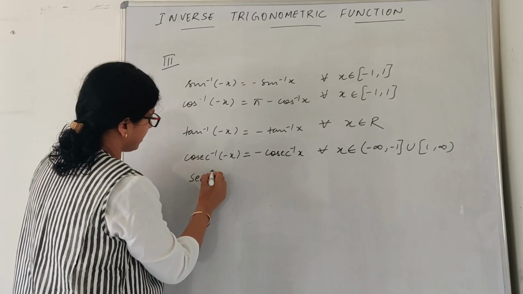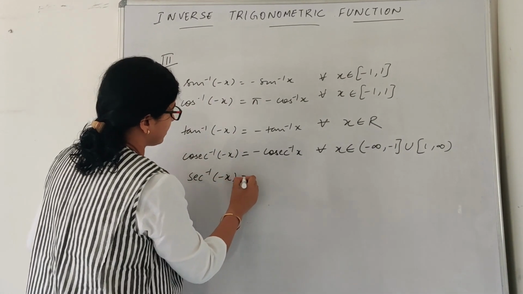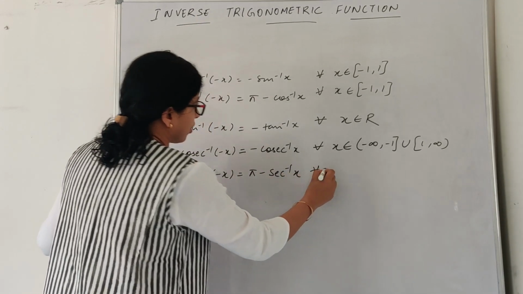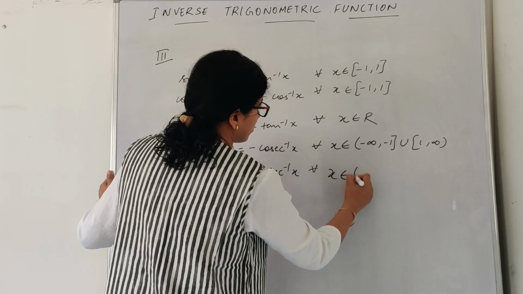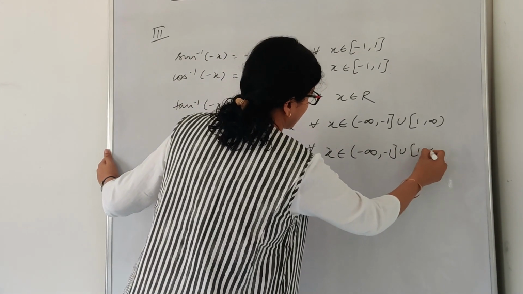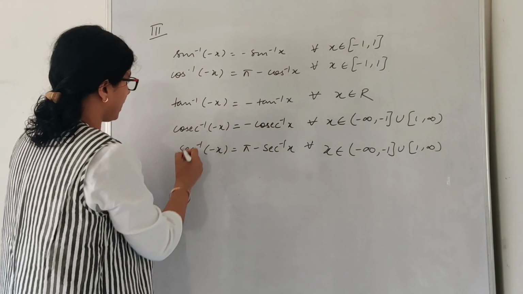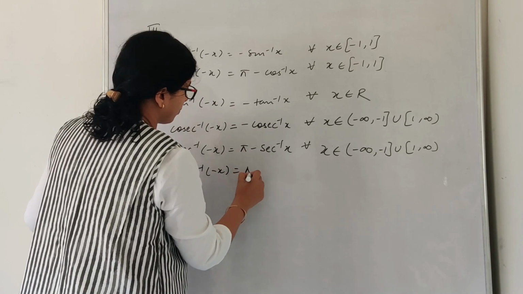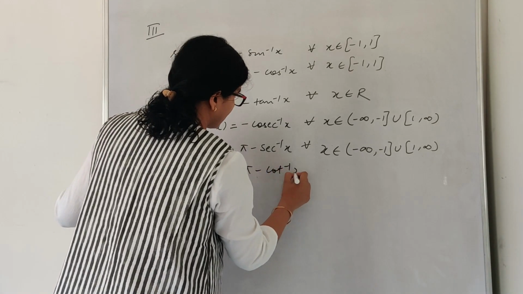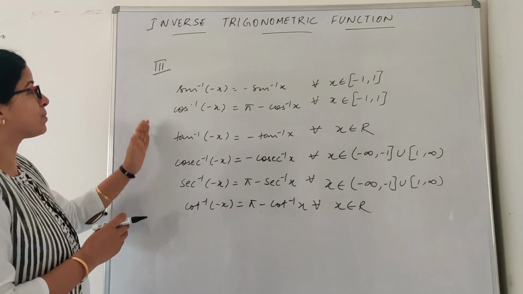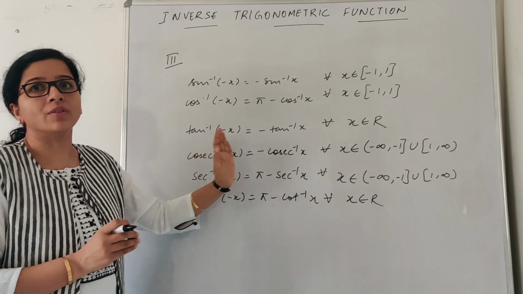Then secant inverse minus x is equal to pi minus secant inverse x for all x belongs to (minus infinity, minus 1] union [1, infinity). And cot inverse minus x equals pi minus cot inverse x for all x belongs to R. So this is my third property for the inverse trigonometric functions.